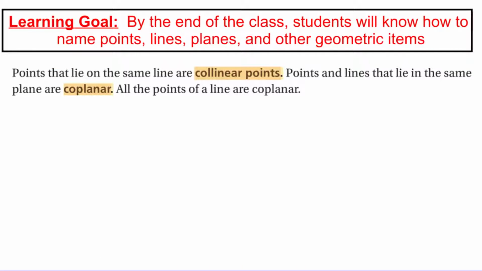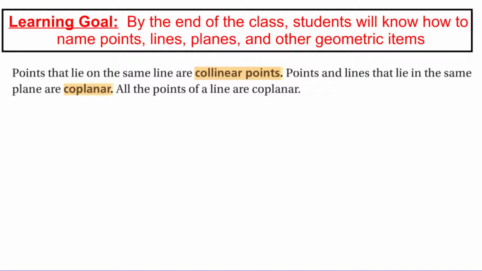Here's a couple other definitions that we're going to use: the words collinear and coplanar. Collinear is used to describe what we were just talking about. Collinear points are points that are on a straight line. So if I can draw a straight line and hit all of those points, I would call all of those points collinear. And if I can say that all of the points or lines are in a plane, I would say that those points or lines are coplanar.